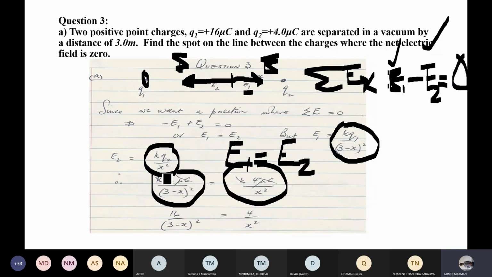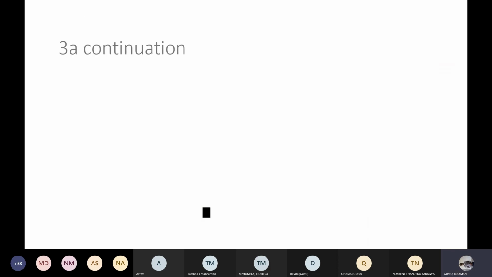Since the value of K on both sides is the same, K and K cancel each other. Since each of these is also in microcoulombs, the microcoulombs can as well cancel each other. Since 4 can get into 16, 4 can disappear this side, and this side you have a 4. So at the end of the day, you have something like this.